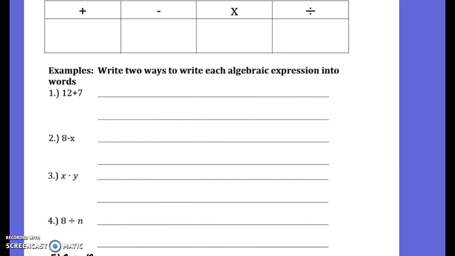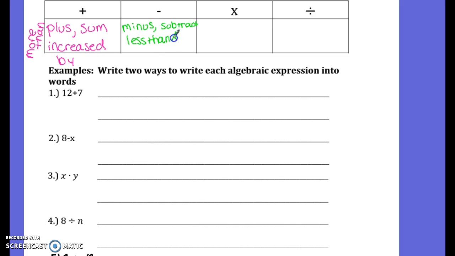So when you see this symbol right here, there are some key words that you should think of. I think of plus, sum, S-U-M, increased by, more than. Now the minus sign is a little bit more challenging. The first one, again, was minus. Subtract, less than.